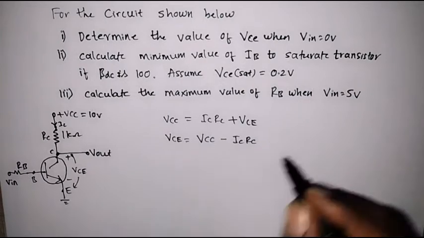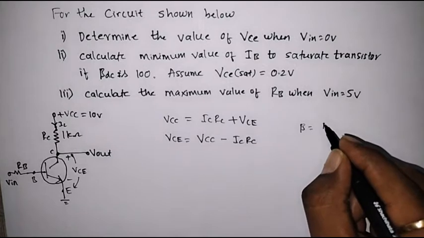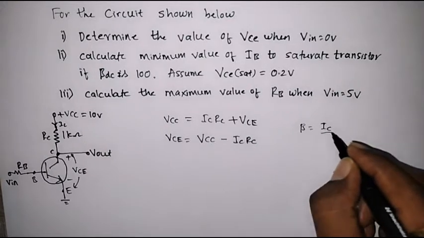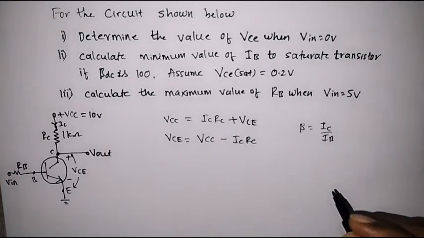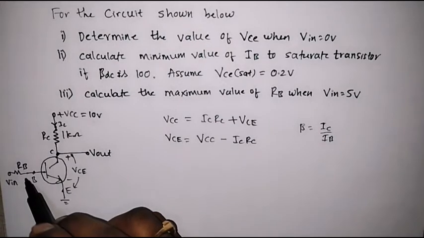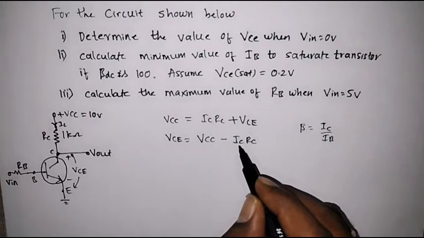So we know that beta is equal to IC by IB. Therefore when Vin is 0, IB is 0, therefore IC is also 0. Therefore here IC value is 0.